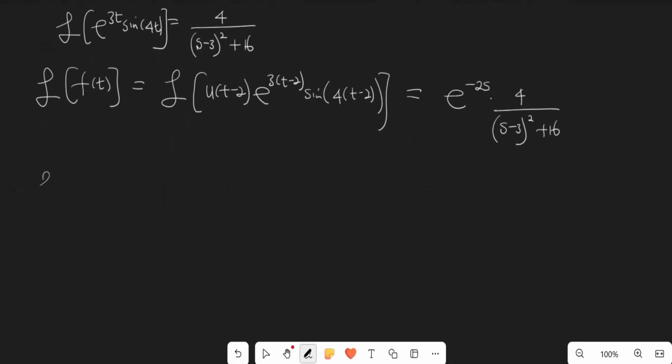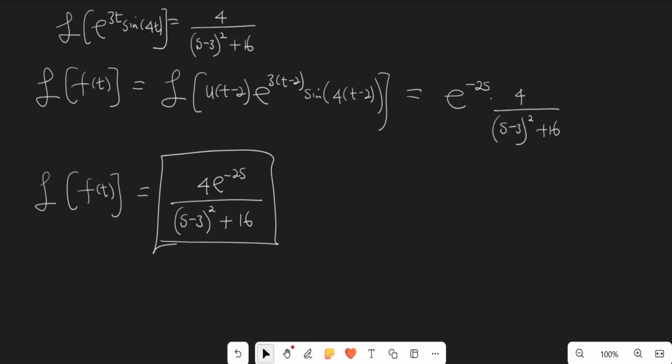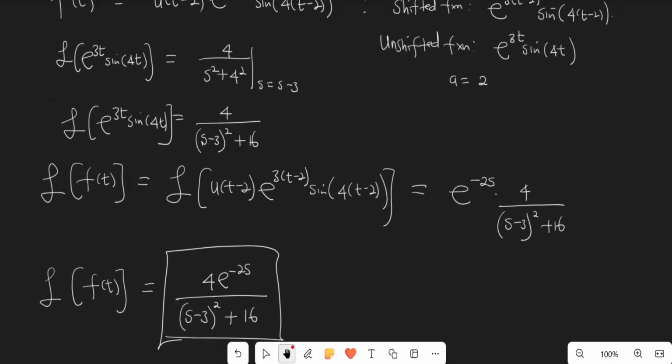All right, let's wrap it up here. The Laplace transform of f of t is equal to 4e to the negative 2s divided by s minus 3 all squared plus 16. This is the answer to our third and final function, and that concludes this video.